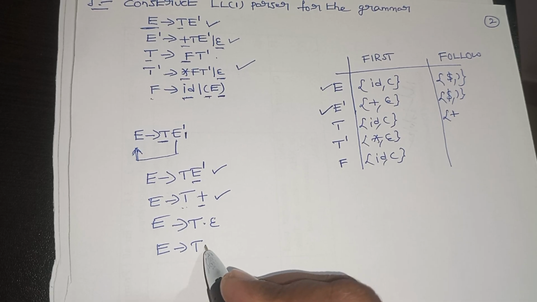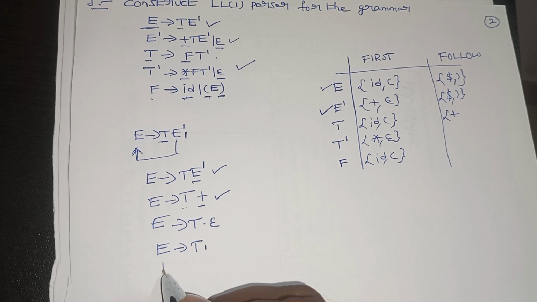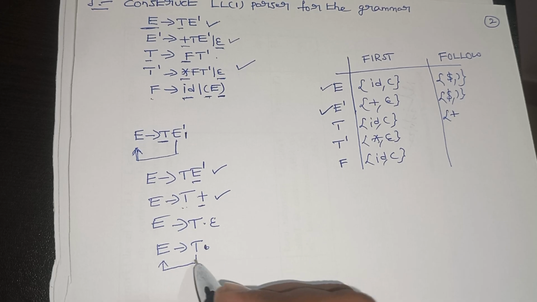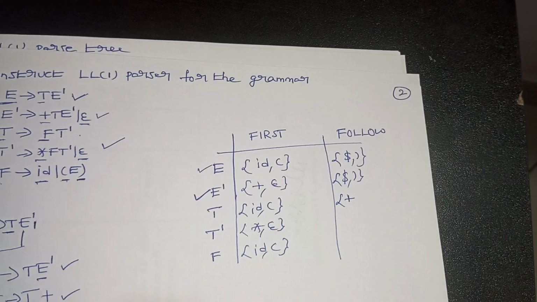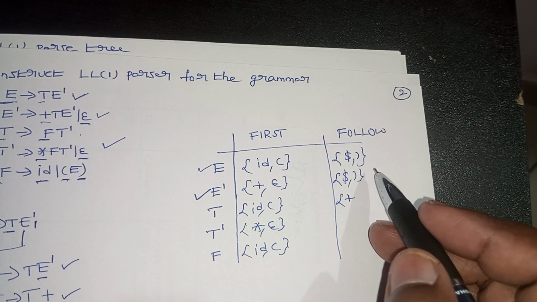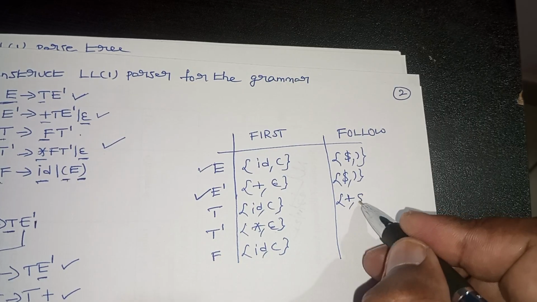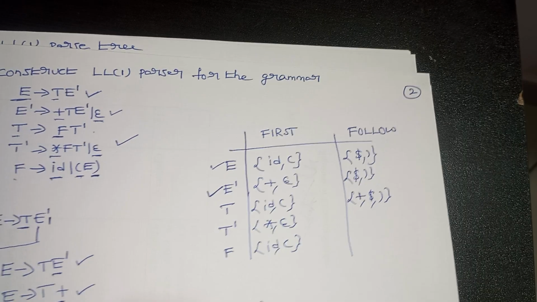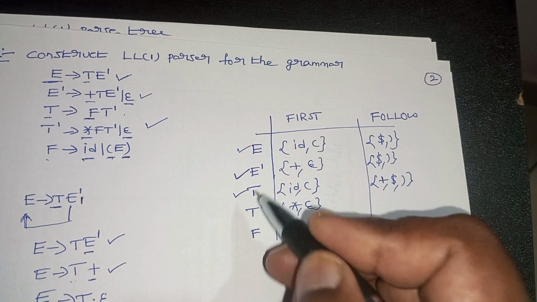Then the follow of T is the follow of E. Why? Because nothing is present here. What is follow of E? Dollar comma, right parenthesis, you write in the answer. Okay, now follow of T is over.